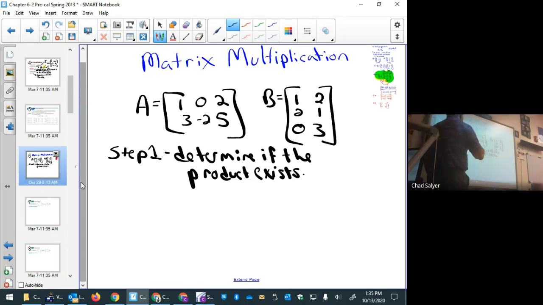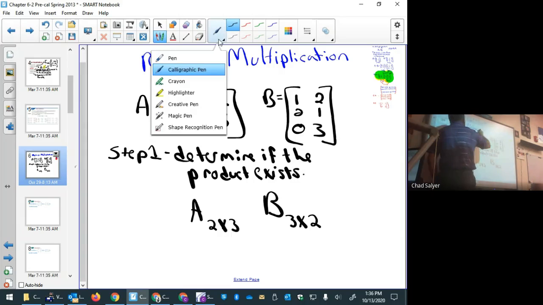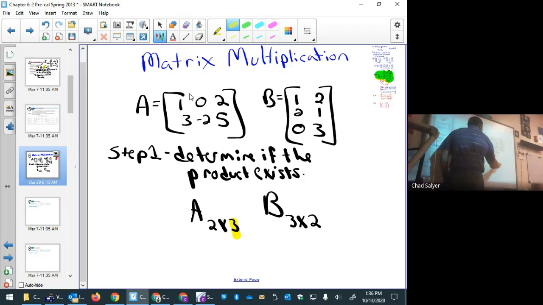The way we do that is dimensional analysis. We analyze the dimensions, rows by columns. What is the dimension of A, Anna? Excellent. And then what is the dimension of B, Elizabeth? 3 by 2. So in order for a product to be defined, the columns in the first factor must match the rows in the second. Those numbers have to be identical.